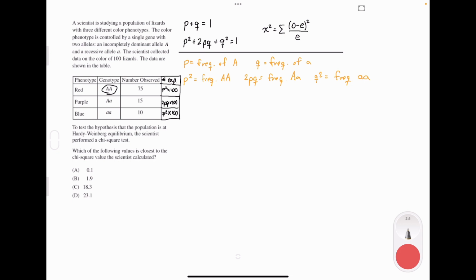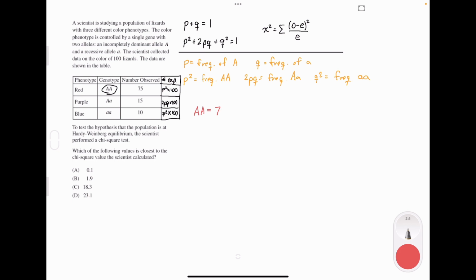And if we look here, for our homozygous dominant, we have 75 individuals. And if we have 75 individuals, well, each individual carries 2 alleles of the big A. And so what we're trying to do here is count the number of big A's, the dominant alleles, in this whole pool of alleles.